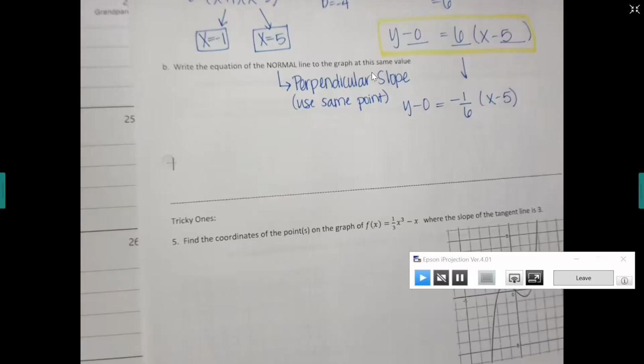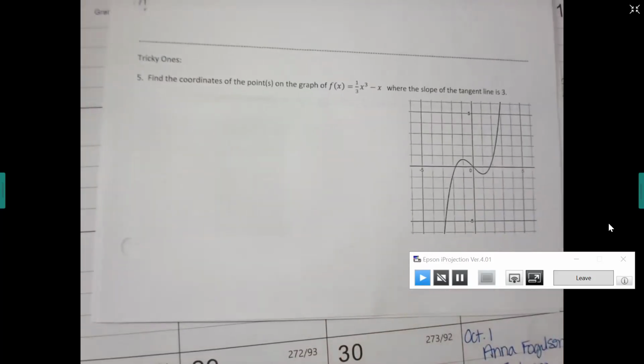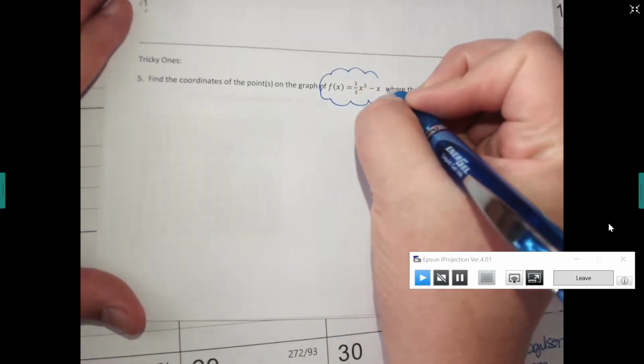All right, y'all, we're gonna just finish up this last little bit of the notes because I see some of y'all are ready to move on. So the last little bit of the notes isn't gonna change a ton of stuff. But if you'll take a look at number 5. Okay, so we still need a point and a slope. We have our f of x right here.